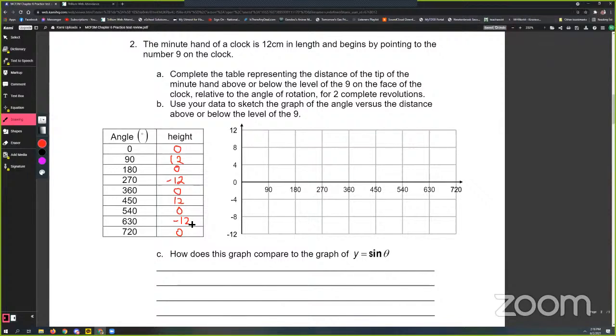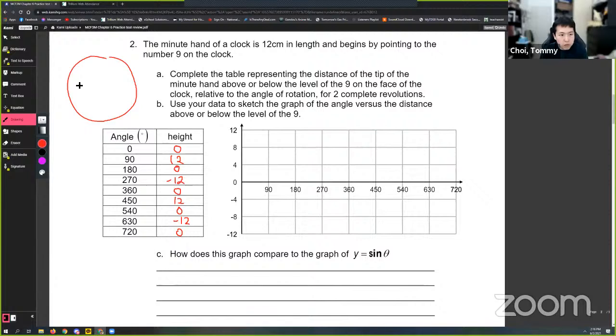Wait, can you explain it again? So the clock, think about where 9 o'clock is. Draw a horizontal line from 9 o'clock. If you have a clock in front of you that has a face on it, use that as a guideline. And so it's saying at 90 degrees, it would be at 12 o'clock. Right?